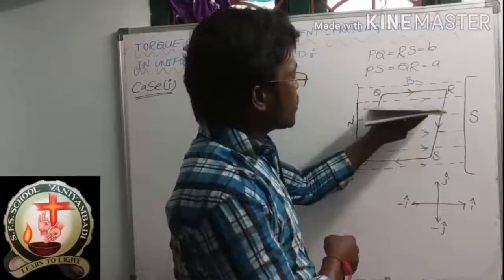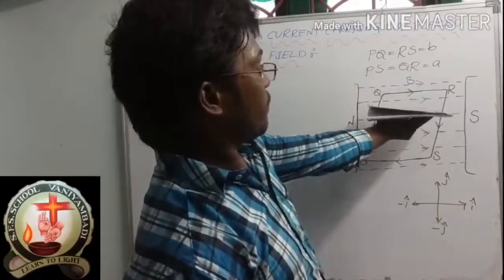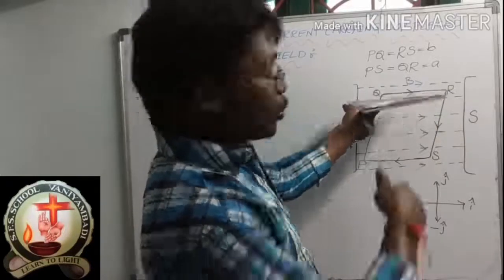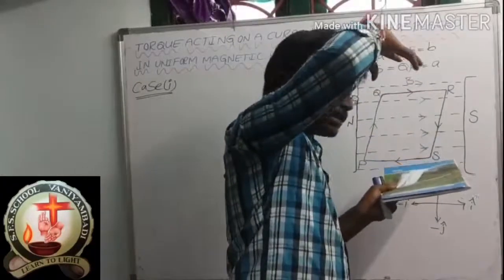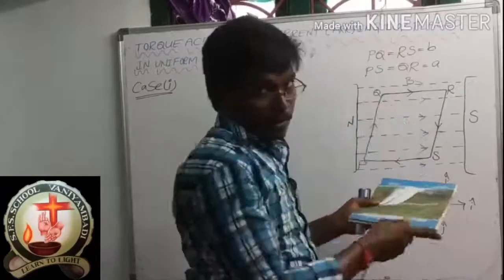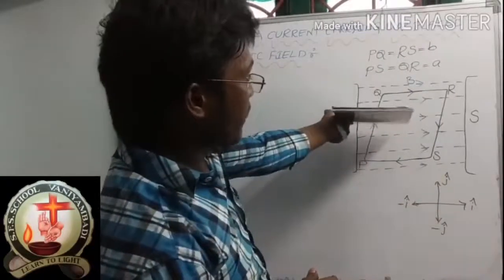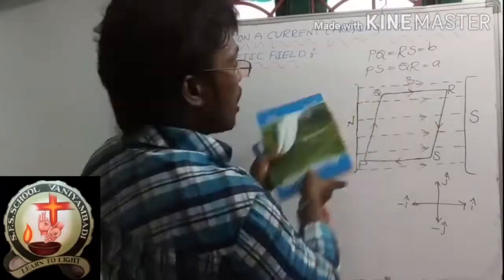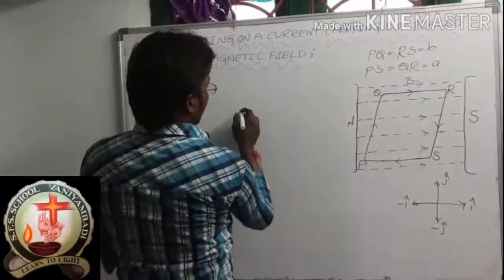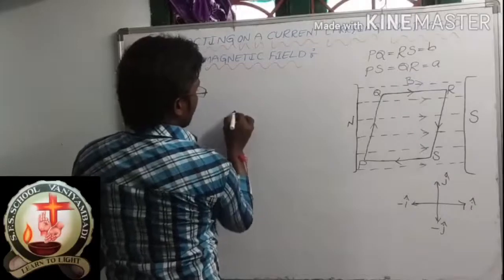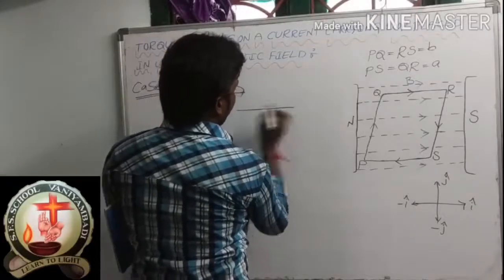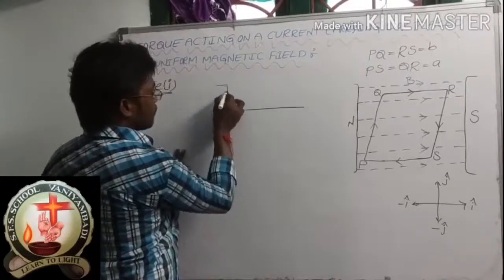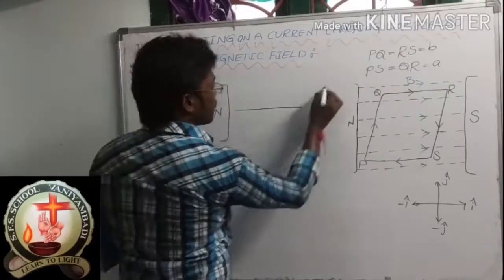But suppose you watch like this, this is the experimenter. If you are watching from the top view, the diagram looks like this. Suppose you are looking like this, how will it appear? You will only see this line. Correct? So what is the diagram? This is the north pole.